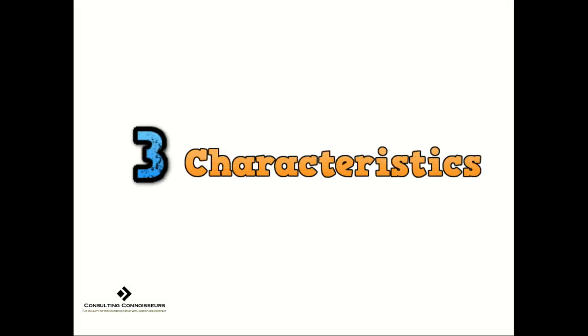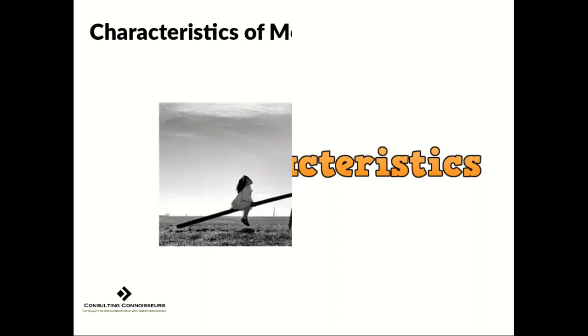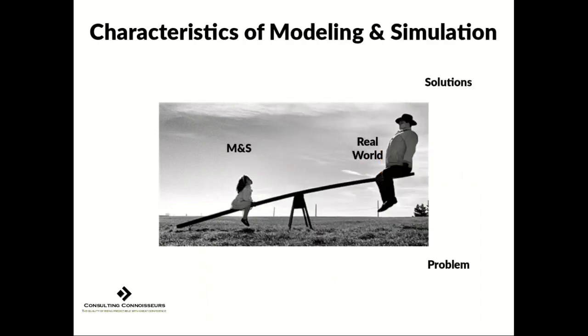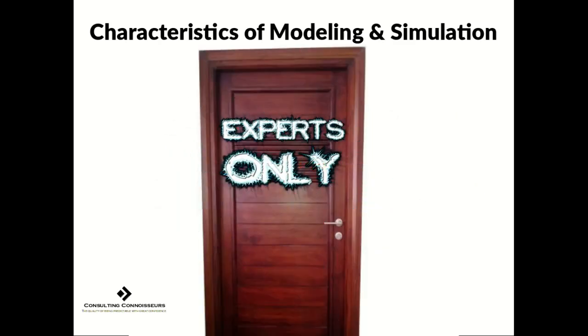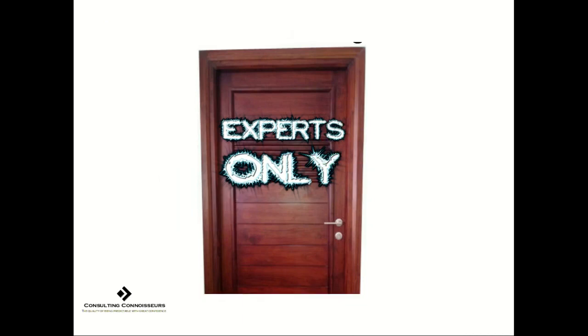Therefore, modeling and simulations faculties have three different characteristics. Firstly, they begin with real-world problems and then map them to models and simulations through an appropriate leverage of the data world. Secondly, they deal with problems where a higher confidence level is required to ensure good results. Thirdly, they are usually performed by experts who are from the field.